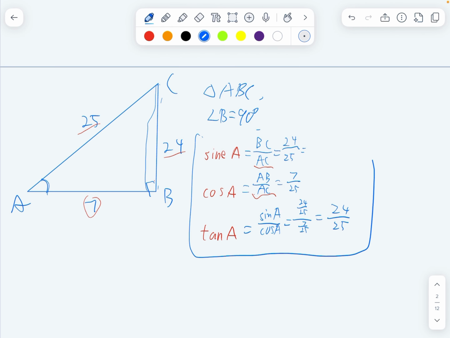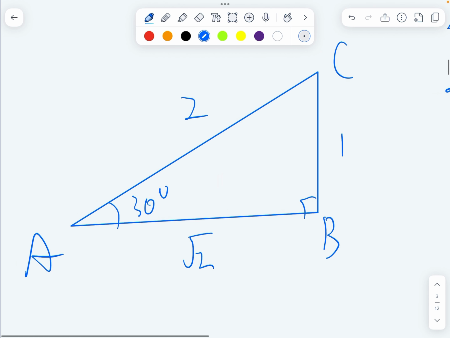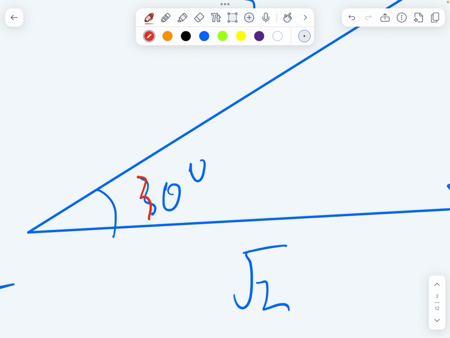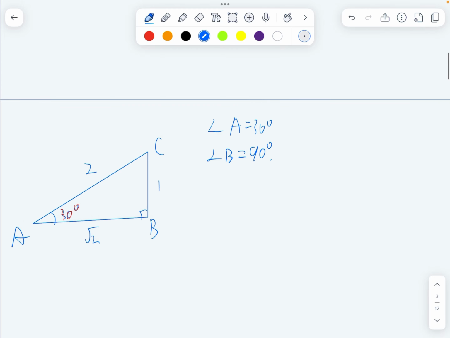That's the third one. Okay, the next one is the 30 degree angle. So let's do the same process.